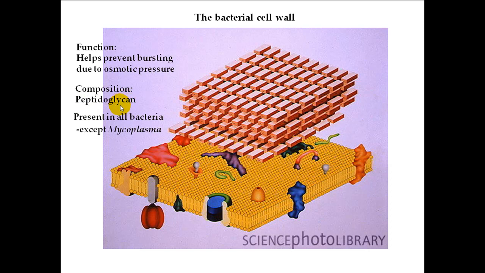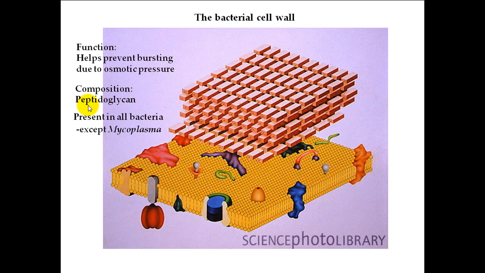You might remember from a different class that whenever you see this term glyco or glycan, that refers to sugars. And whenever you see this term peptide, peptides are small proteins, so they're shorter chains of amino acids. And that's exactly what peptidoglycan is made up of. There's sugar chains in there, as well as some short chains of amino acids.